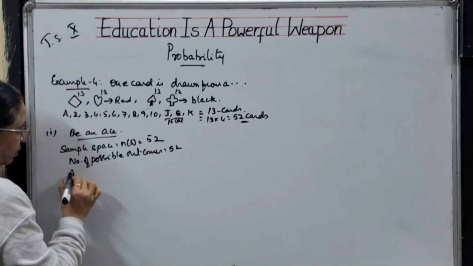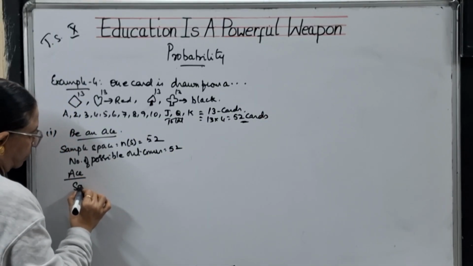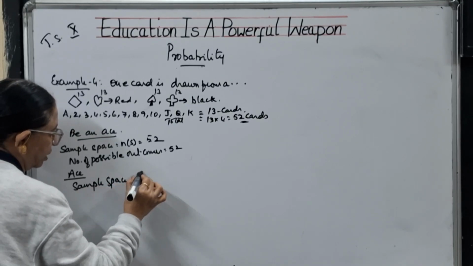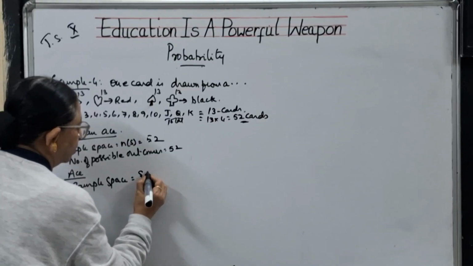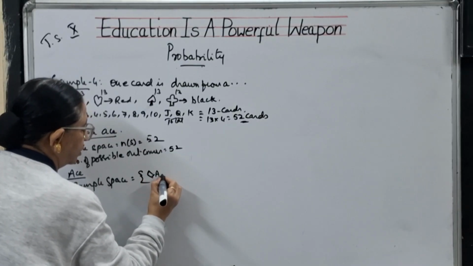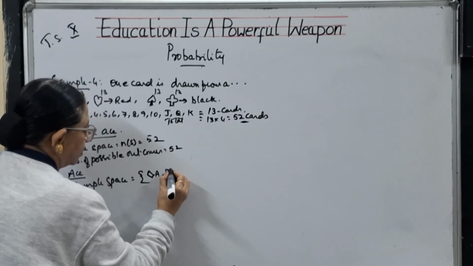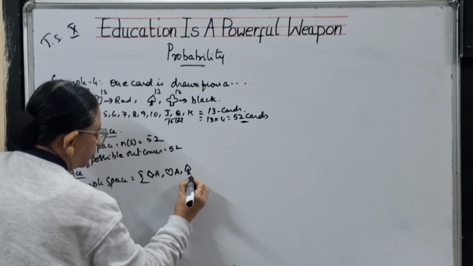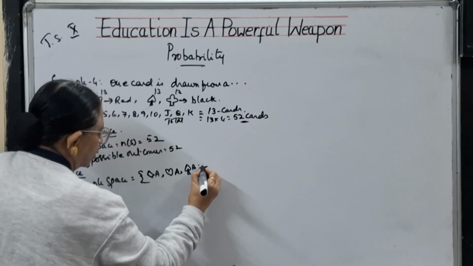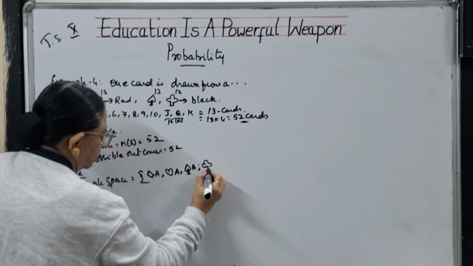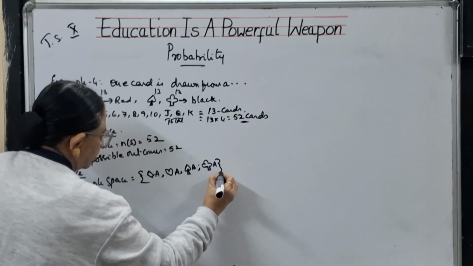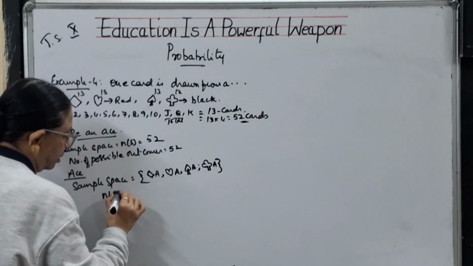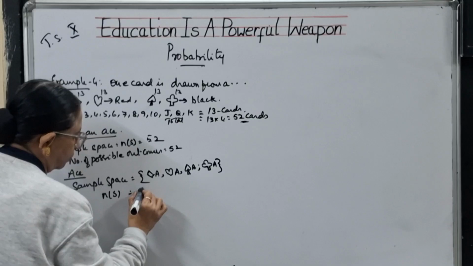Now for aces, what is the sample space for aces? You have a diamond ace, a heart ace, a spade ace, and a club ace. So that many aces will be there. That means n of S is 1, 2, 3, 4.